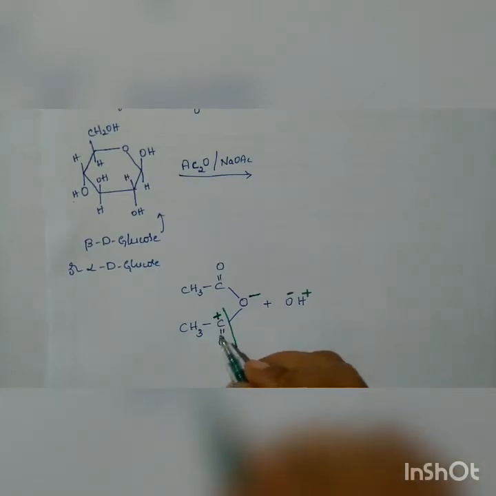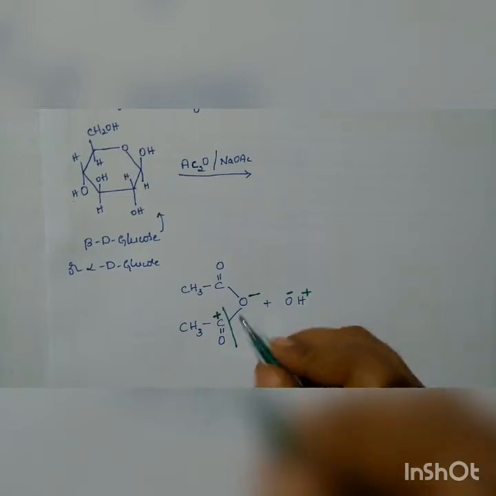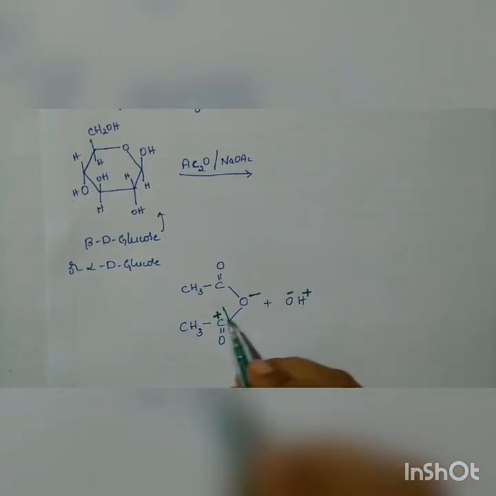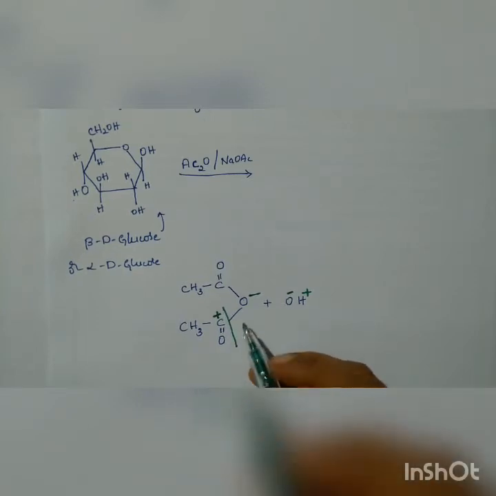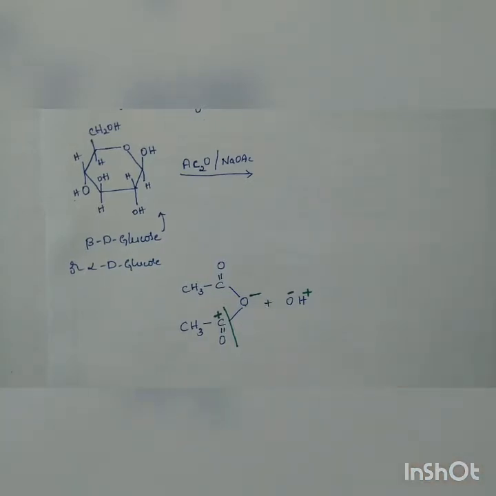Why will this bond be weakened? Because of the electronegativity difference, and because the charged species are already there, under their influence it dissociates in such a way that the more electronegative oxygen takes the shared pair of electrons and forms O minus, leaving carbon with a positive charge.